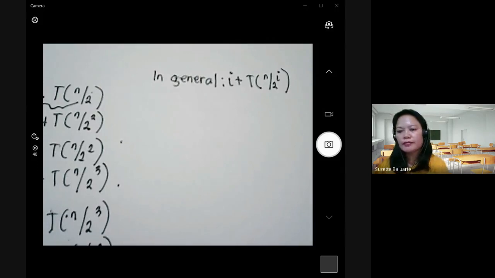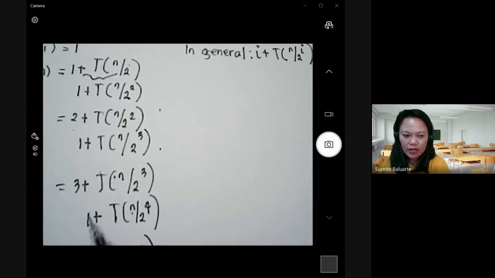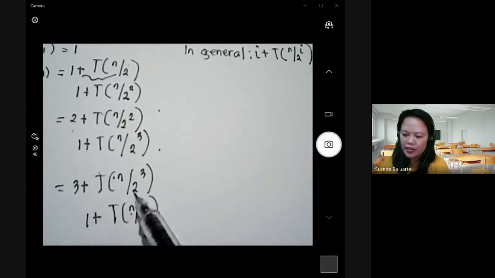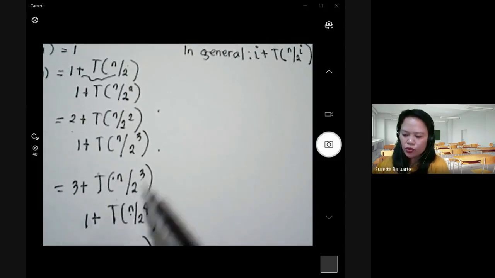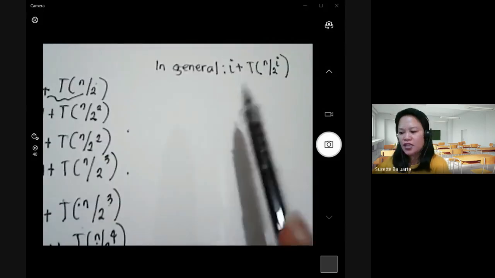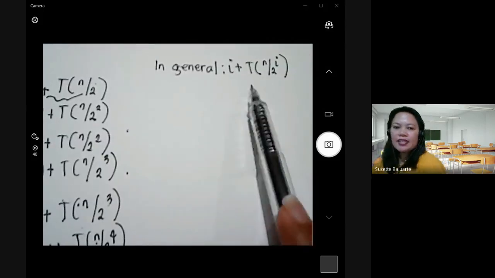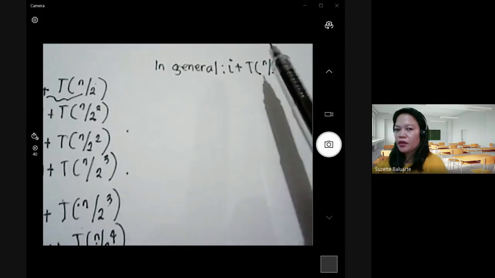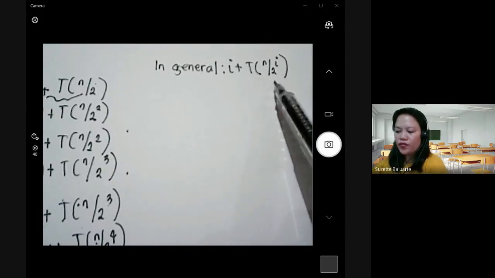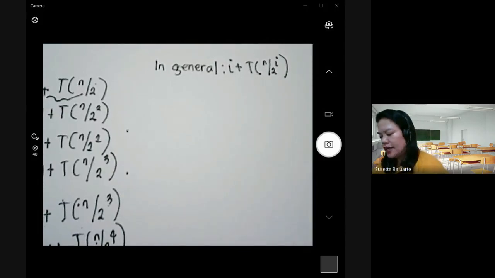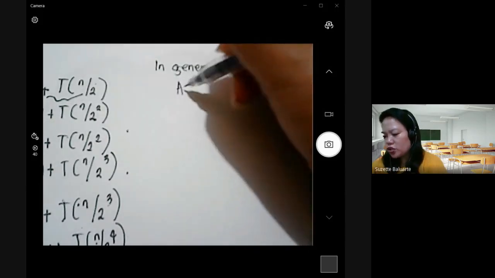Okay? So based on this, it would be I, and then 2 to the I. So that is why you will say, in general, I is equals to T of n over 2 to the I. And then you will say, assume.